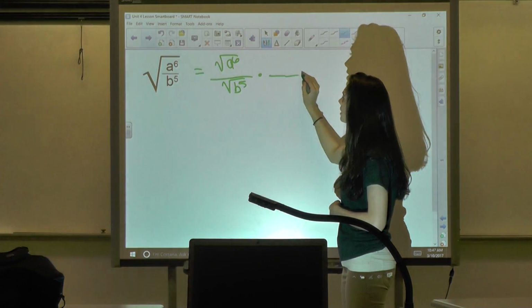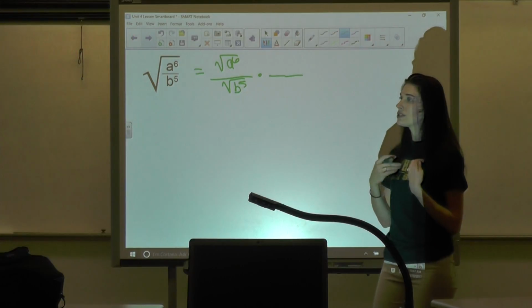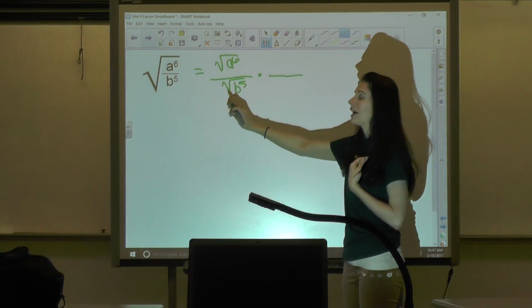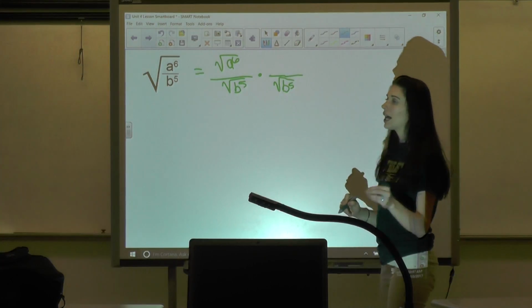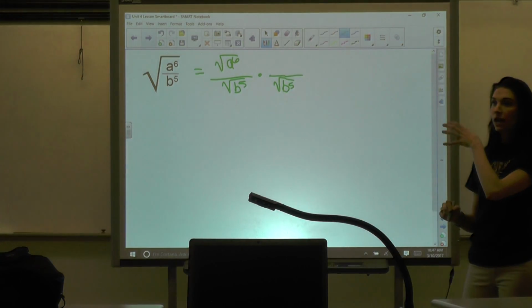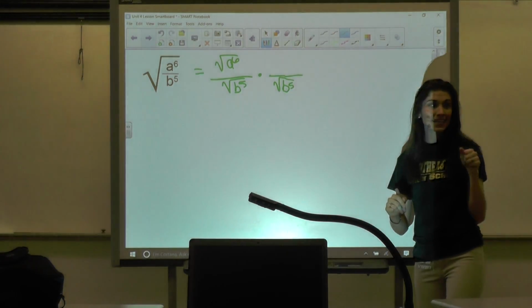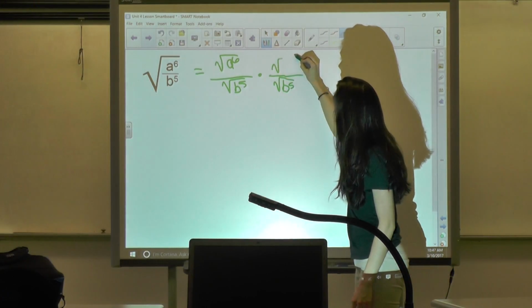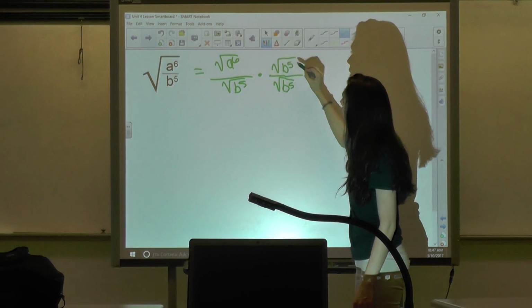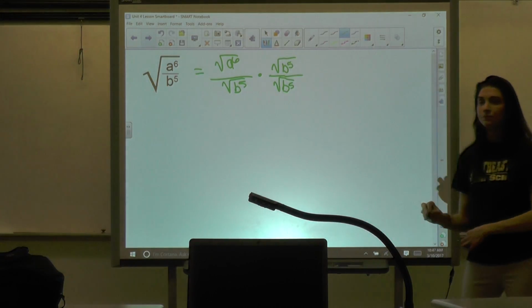We need to multiply it by something. I'm going to multiply it by the same thing that I already have on the bottom, which is square root b to the power 5. But what I do on the bottom, I have to multiply on the top too, because I technically want to multiply this by 1. And square root b to the power 5 over square root b to the power 5 will give you 1.